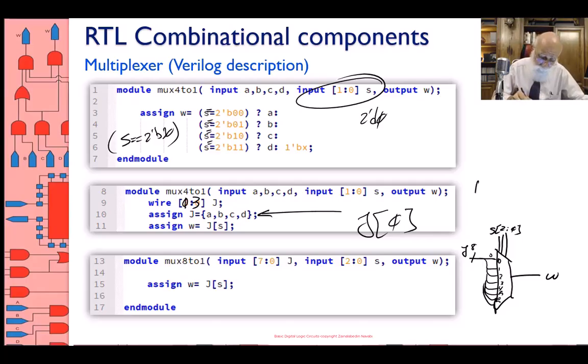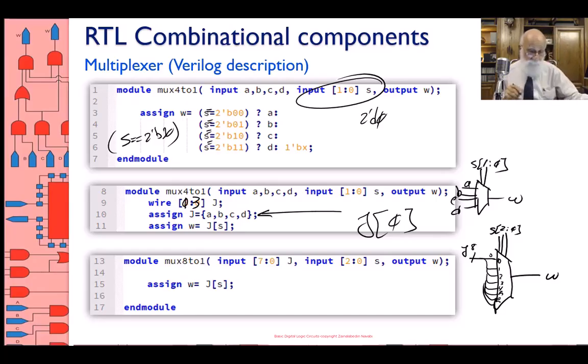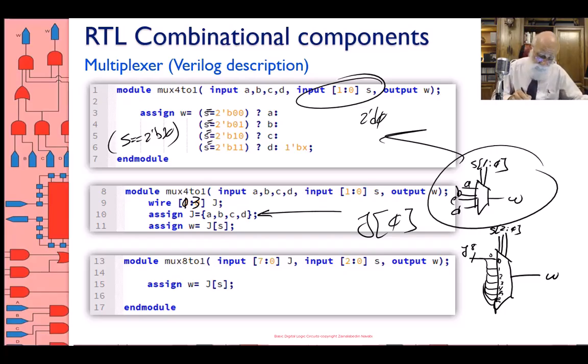Whereas this upper one is A, B, C, D, and S is [1:0]. And actually the first one also the same way, [1:0]. All right, so this applies to this and this. Fine.